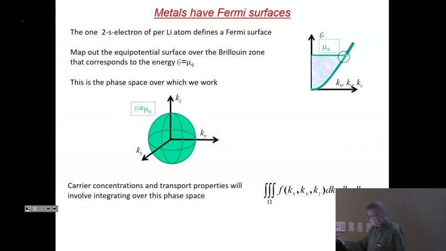And if I were to trace out the shape of the surface here in momentum space kx and ky, kz, for the value of energy that equals the electrochemical potential, I would have a sphere, because it's the same dispersion in kx, ky, and kz in lithium.